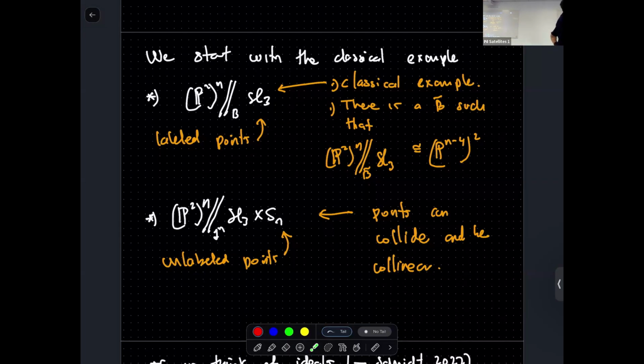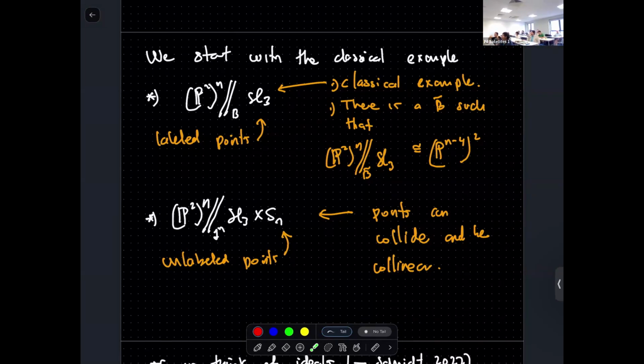If you pick n to be 5, that's 5 points in P2, and you blow them up. There's a unique del Pezzo surface. Oh no, sorry.